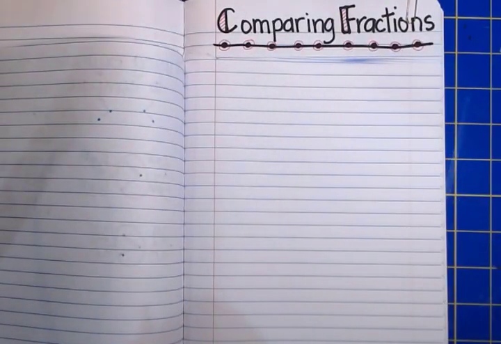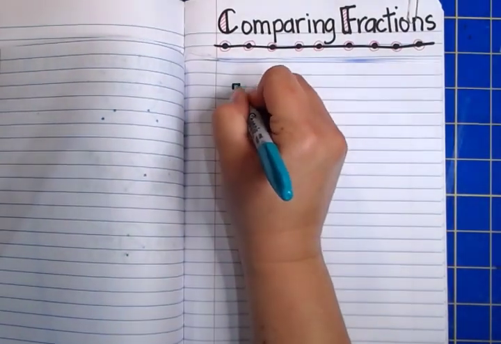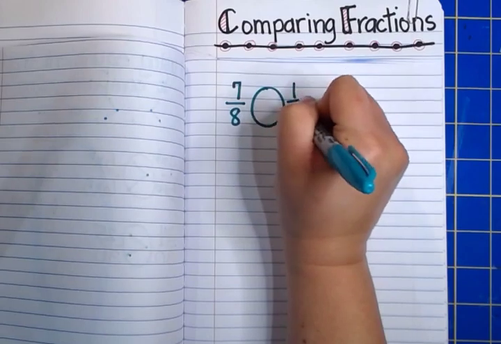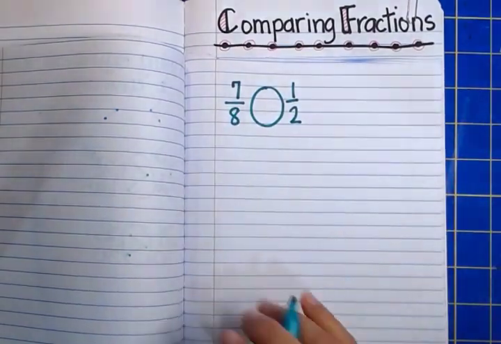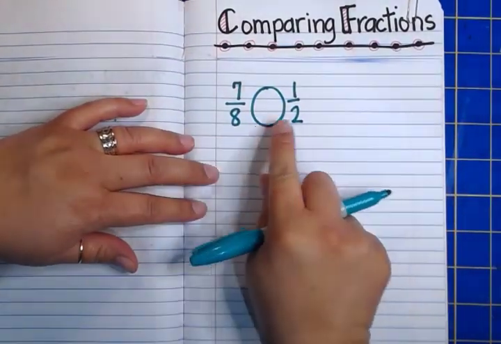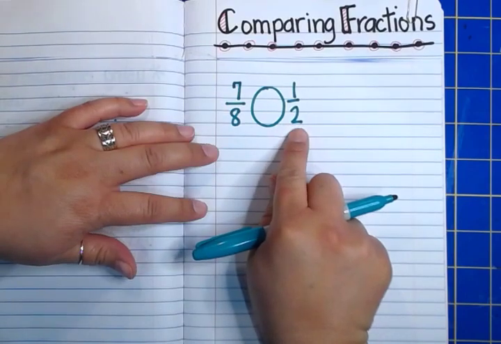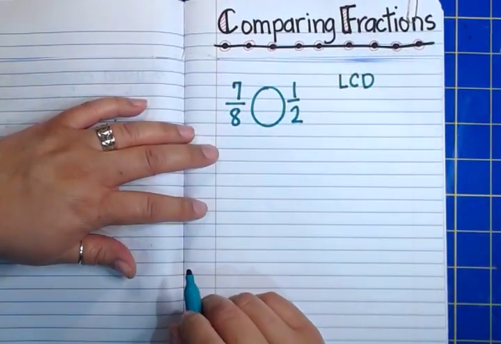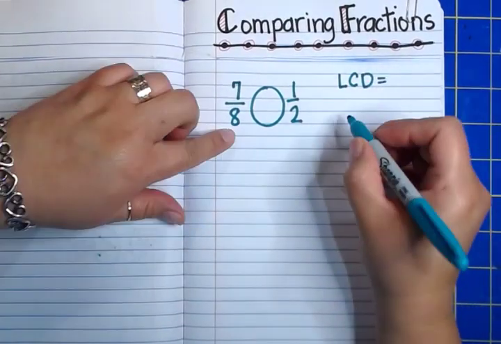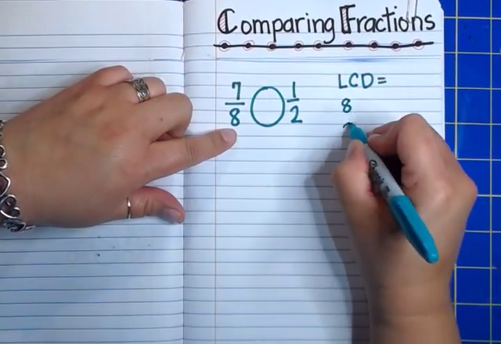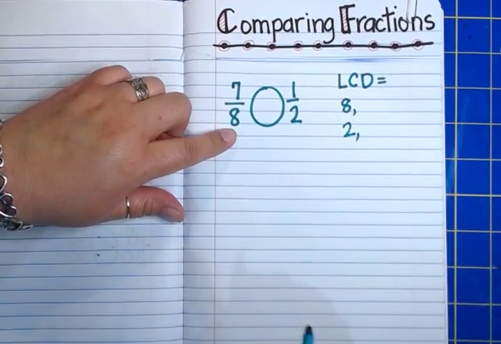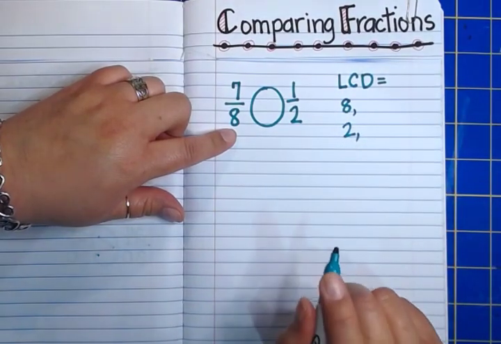Let's say I have 7/8 and 1/2. So the first thing I notice is I don't have the same denominators. So I need to find their lowest common denominator. So again, I start with 8 and 2, and I'm just going to write a few multiples of both of them until I find one that they have in common.